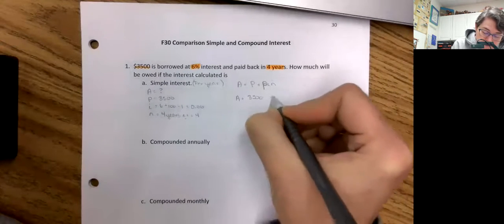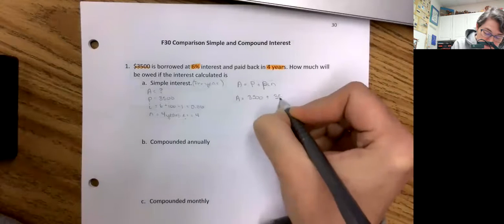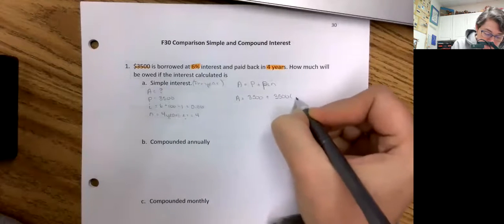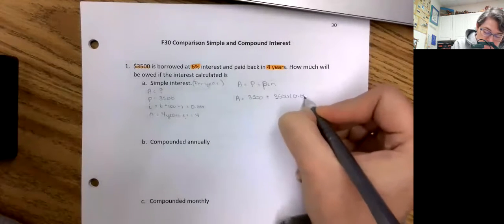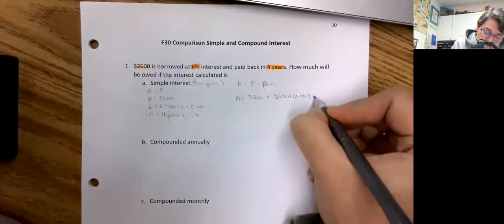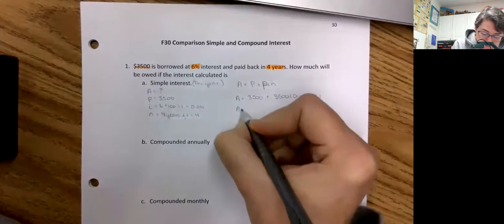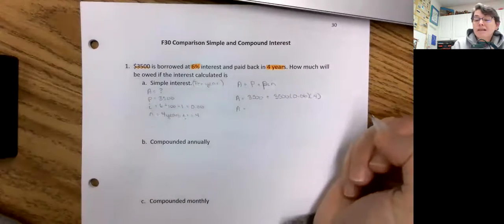3,500, which is the initial, plus times interest, which is 0.06 times 4 years. Does that not make sense, right?